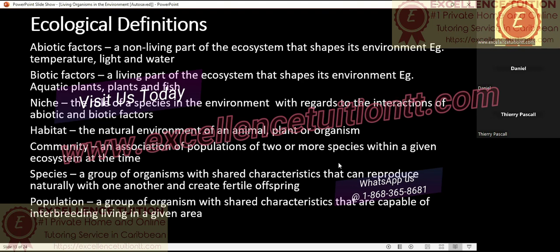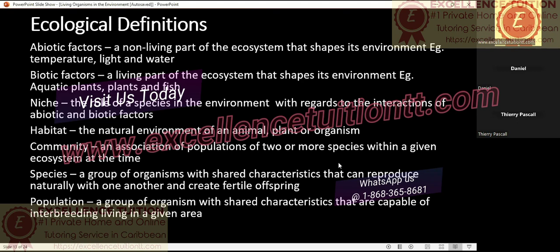Okay, so a population is all of the organisms of the same species in the same place at the same time, right? And a community is all the populations in the same place at the same time. So all living things. A community is different populations.